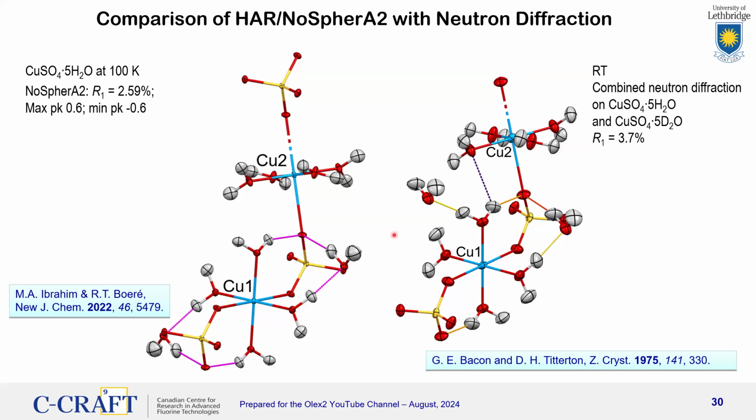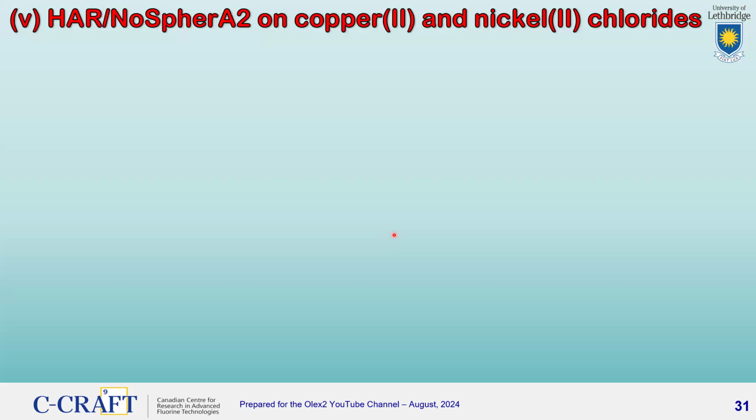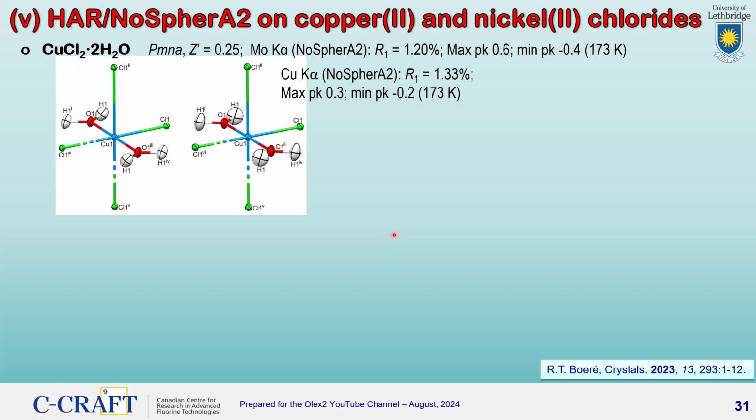And this simply shows that even with advanced quantum crystallography like NoSpherA2, we find that neutron and X-ray diffraction data remain complementary. We extended this notion of coordination compounds to look at some copper and nickel hydrated halides.